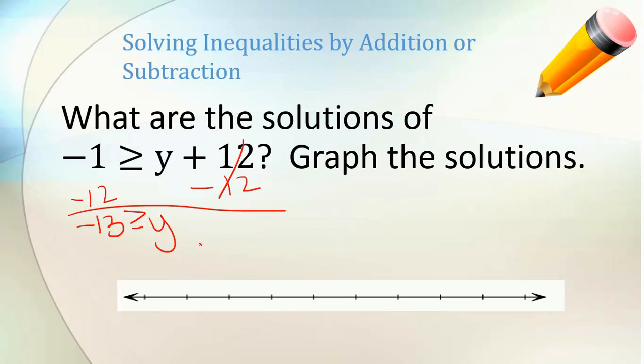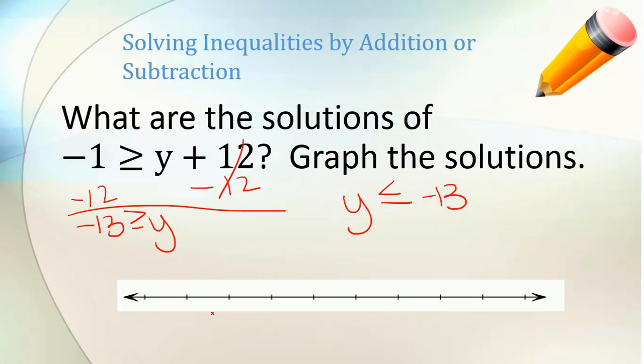The variable's not on the left, and I hate when the variable's not on the left. So let's flip-flop. I have y and negative 13. Since I flip-flopped my y and my negative 13, my sign has to flip as well. Notice how it was pointing at the y, it still has to point at the y, but the sign flipped the way it looks.